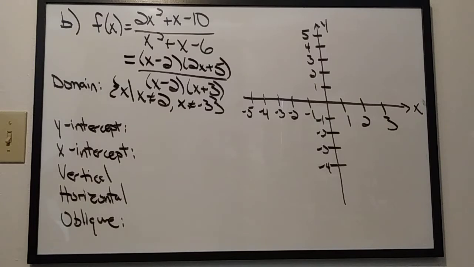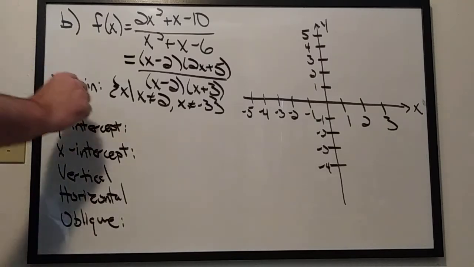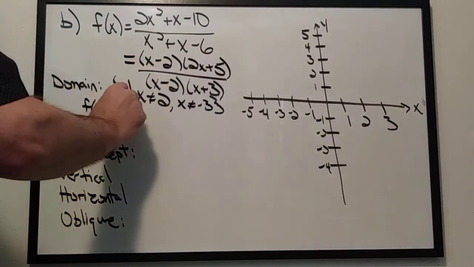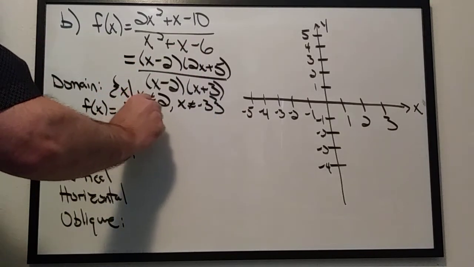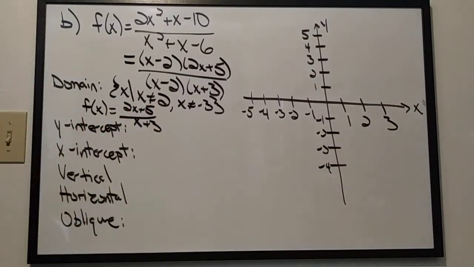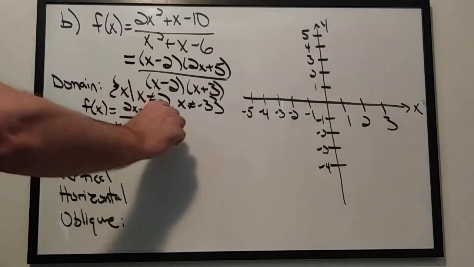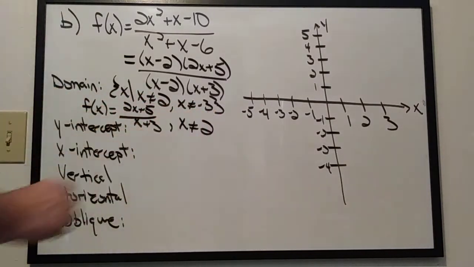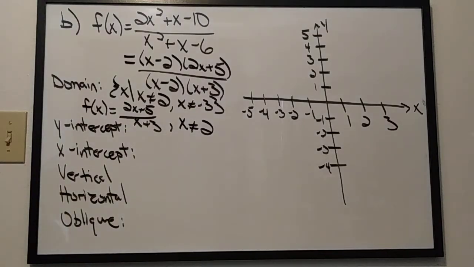So our function f of x, when we cancel those common factors, ends up being 2x plus 5 divided by x plus 3. Now, in order to make the comment that I still don't like that x value of 2, I'm going to put a little comma here, and I'm going to say I still don't like 2. So that then is an equivalent function to what we started with.